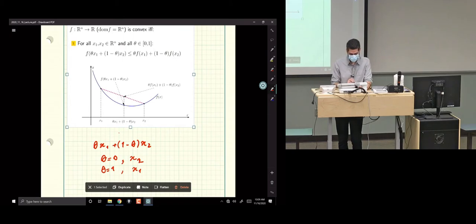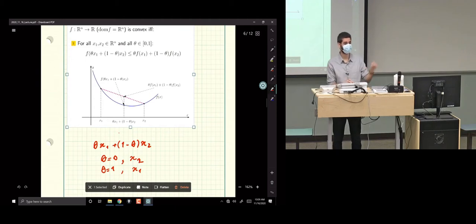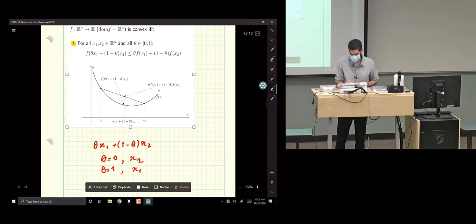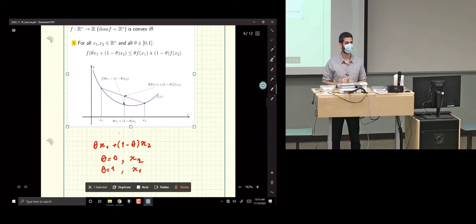Now, if you pass this line segment into the function, of course, it's going to take a value in the graph of the function, this line here. However, if you interpolate the function values, that line will be above the graph of the function.